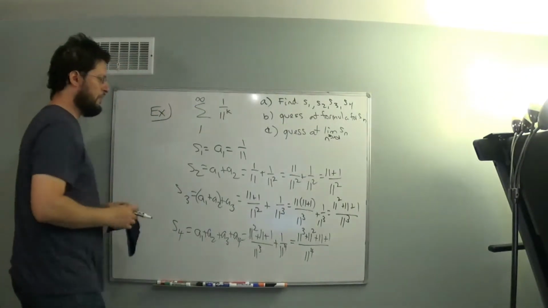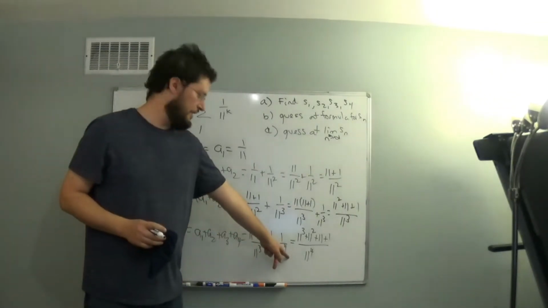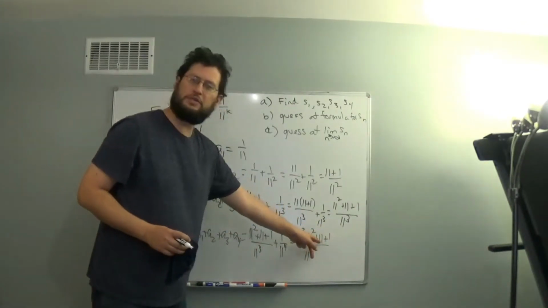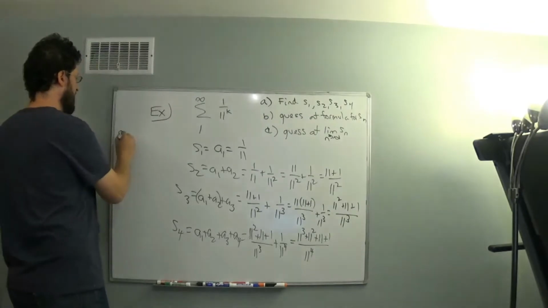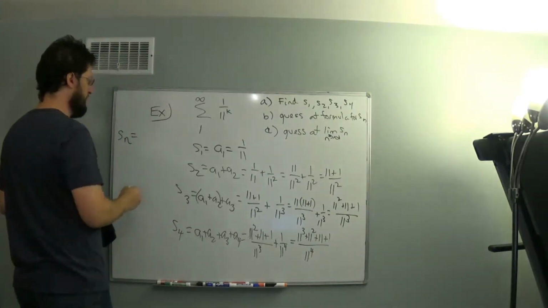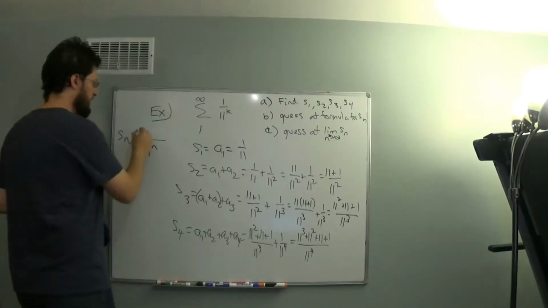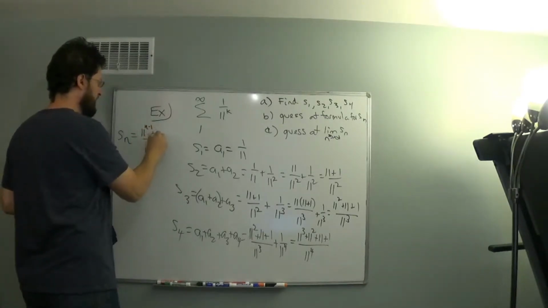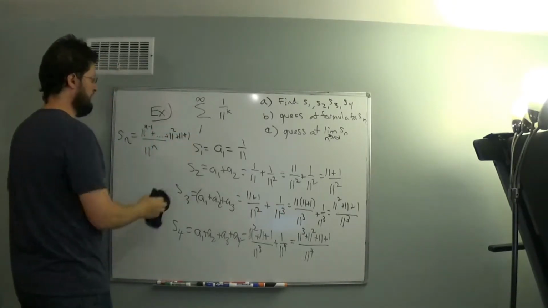Okay, so for part B, what do we have? Well, the denominators will just be 11 to the n. The numerators will essentially be 1 plus 11 plus 11 squared, up to 11 to the n minus 1. So Sn, in terms of a formula, we're going to have 11 to the n here, and 11 to the n minus 1 plus all the way down to 11 squared plus 11 plus 1.